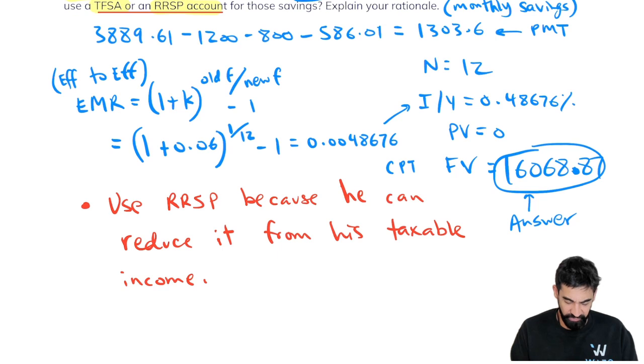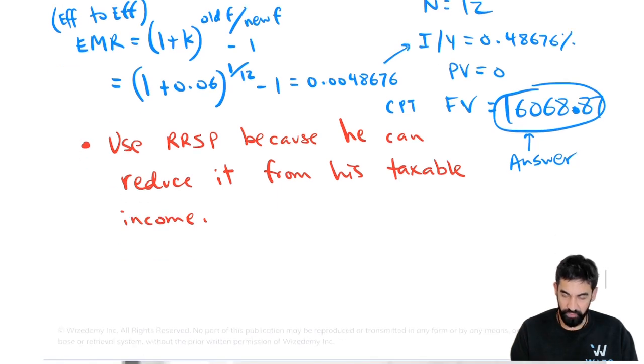And that should be enough to get you the marks. And you could say that unless he thinks that he's going to be paying higher taxes when he withdraws later on. Or you could have gone with TFSA as well.